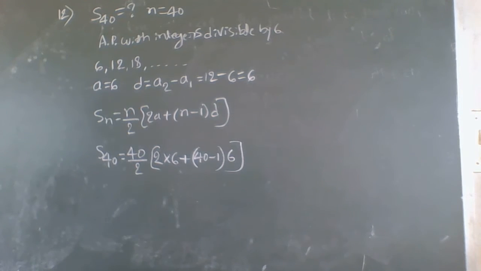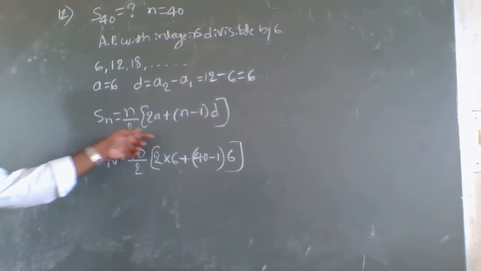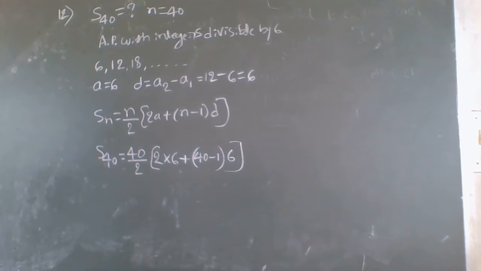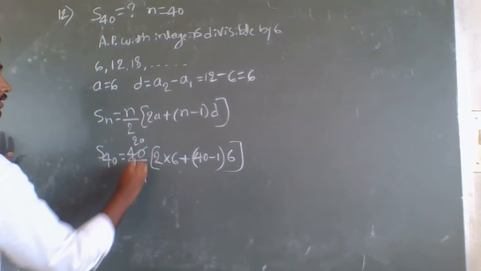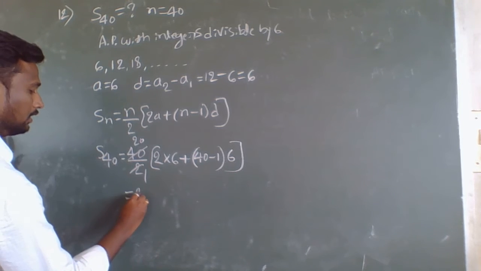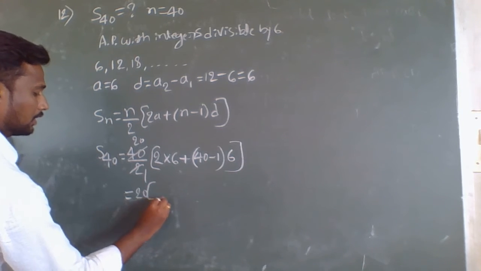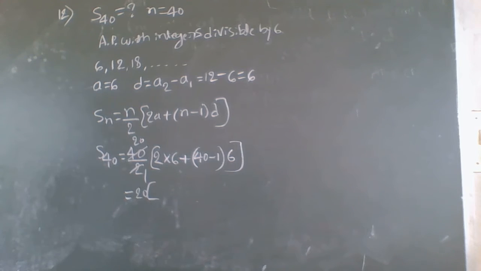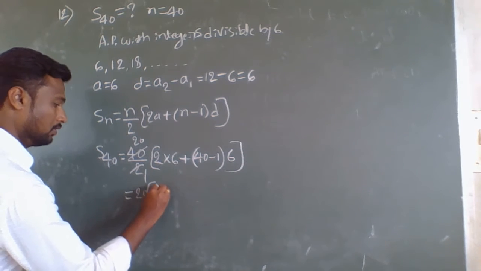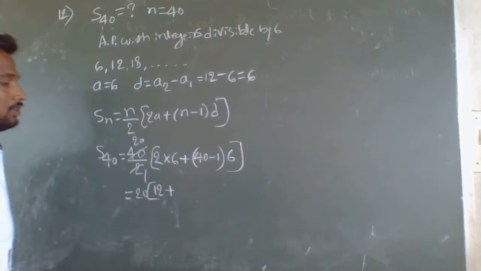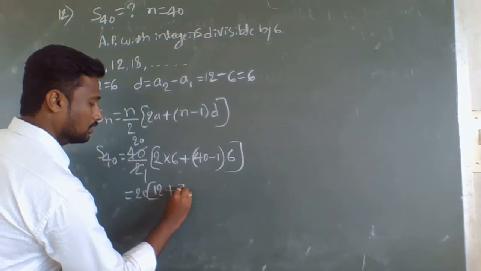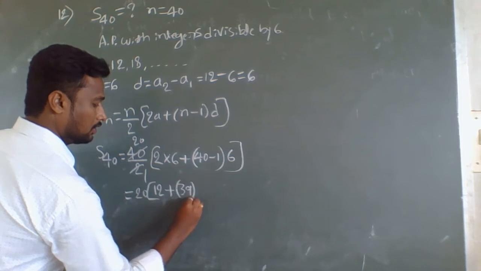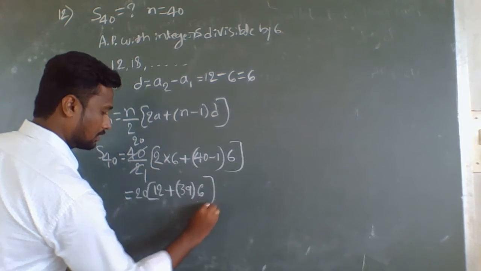Now I can calculate using all these values. Here 40 by 2 is 20, into bracket 2 into 6, that is 12, plus 40 minus 1, that is 39, into 6.